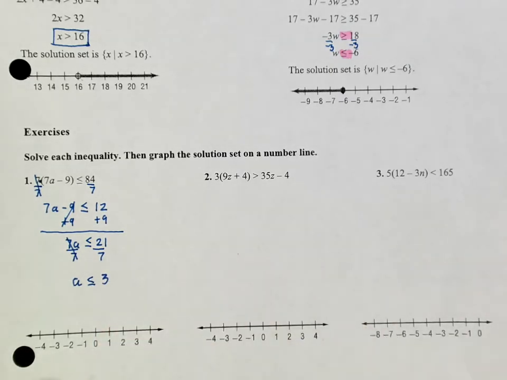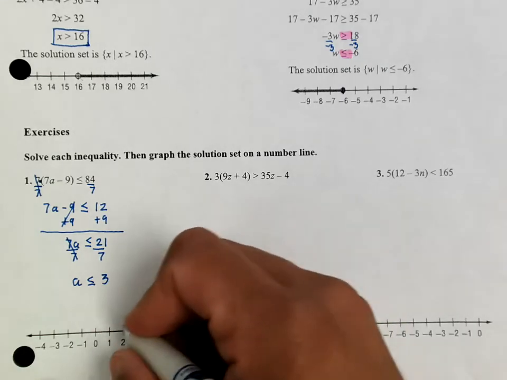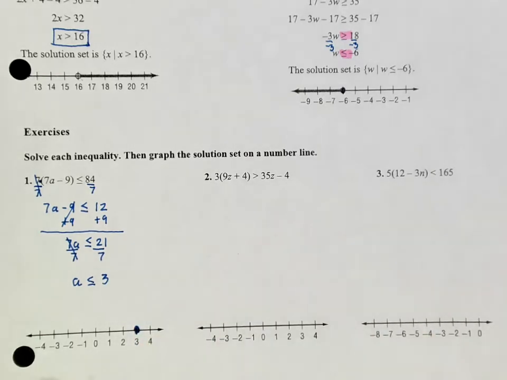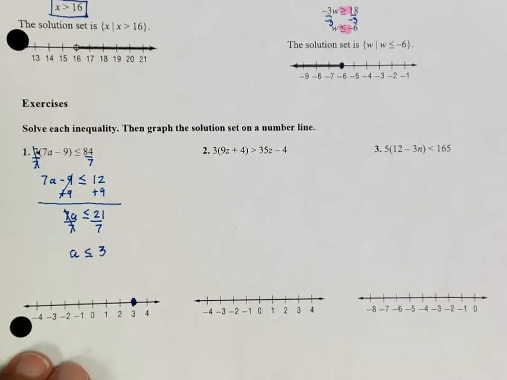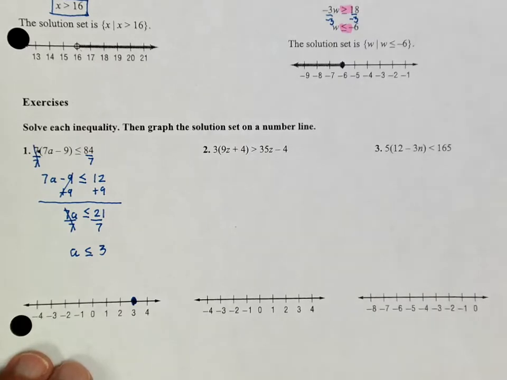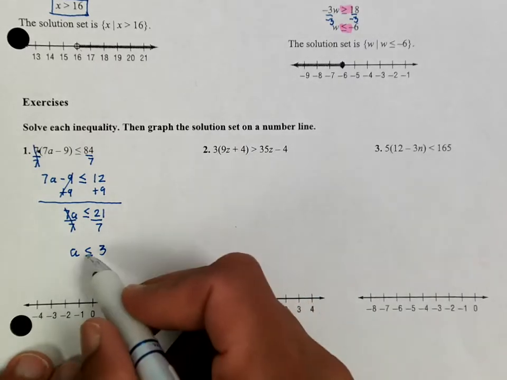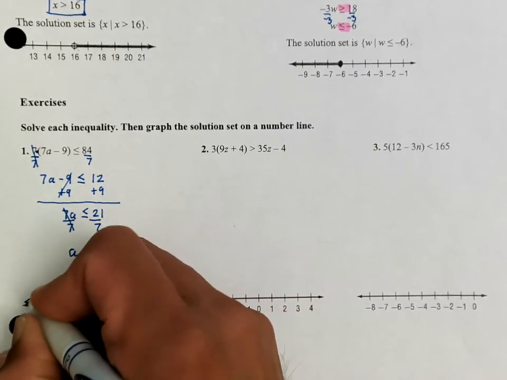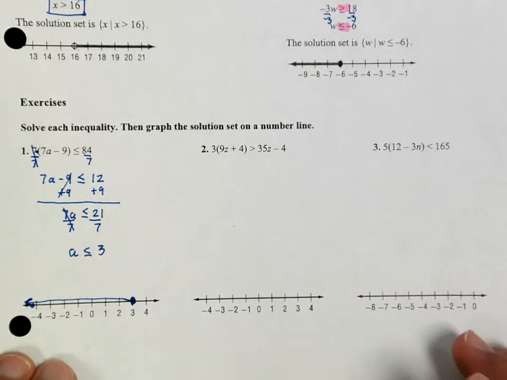So that's the answer for that. Now to shade this, remember this is going to be equal to, so a is equal to 3, but it's also less than, so a is less than or equal to 3, so we're going to shade to the left.